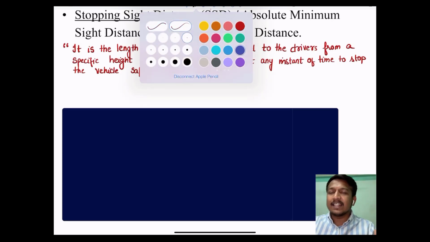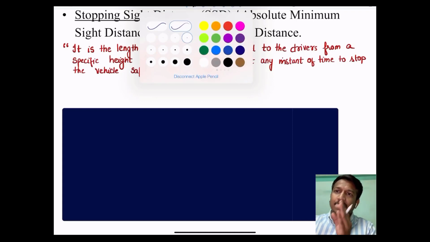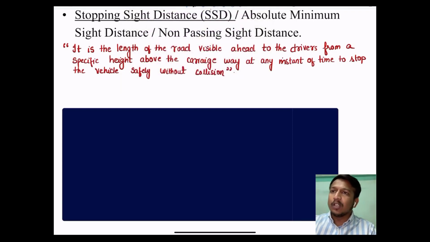And that distance we call stopping sight distance. We can also call it absolute minimum sight distance or non-passing sight distance. This term is also called safe stopping distance, and it is very important in the design measure in traffic engineering.